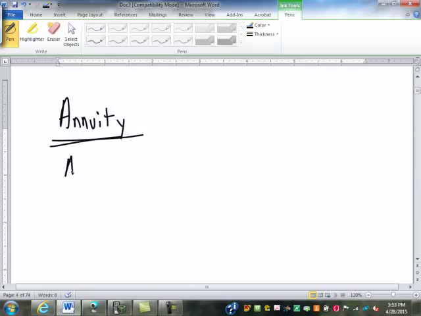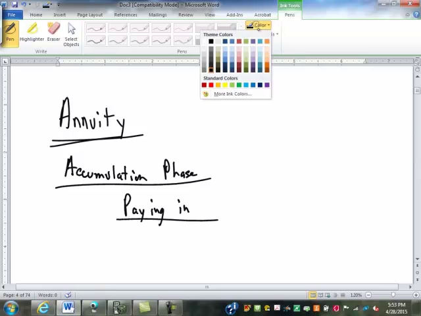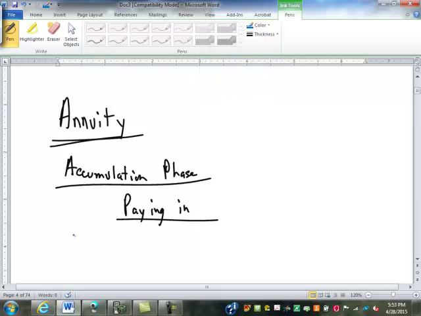We have the accumulation phase. What's going on in the accumulation phase? You're putting money in. You are paying in. In other words, you have the lump sum, or the large value, is at the end.